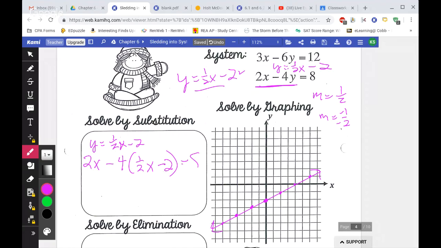I can't imagine why y'all wanted me to do this. Fractions, y'all love fractions. 2x, and then negative 4 times 1/2 x is negative 2x, and negative 4 times negative 2 is a positive 8. And these two eliminate, and 8 equals 8. So it's infinite solutions or same line.